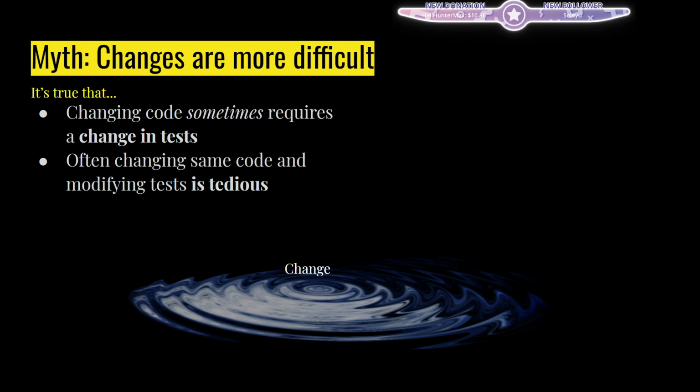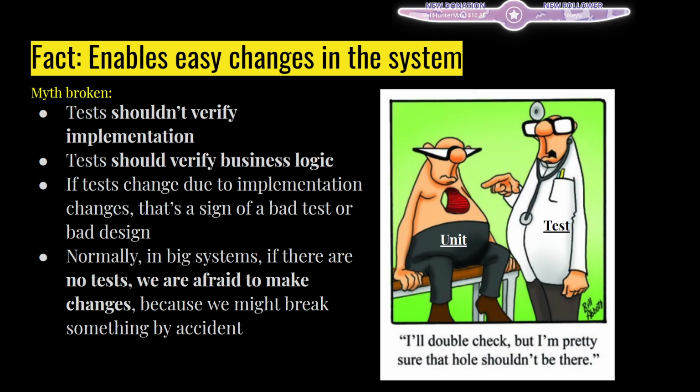However, is that really a problem of tests, or is that a problem of poor design? If you verify every function call, that is testing implementation. Our tests are not supposed to test implementation, they're supposed to test business logic.